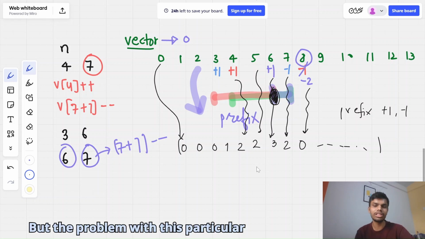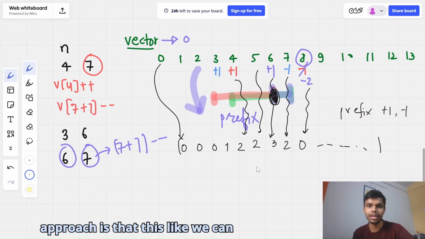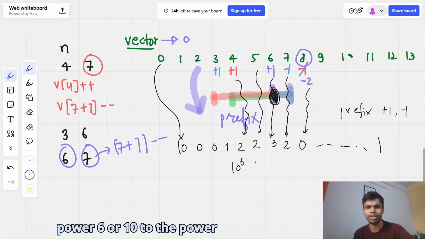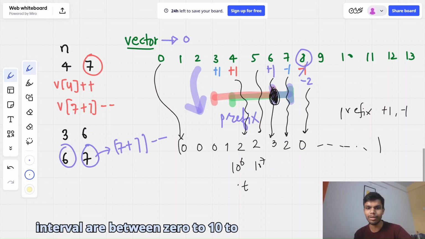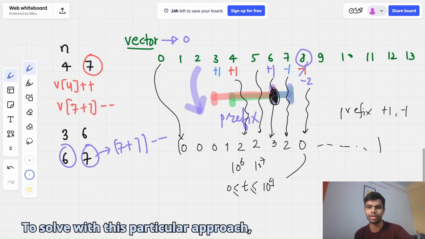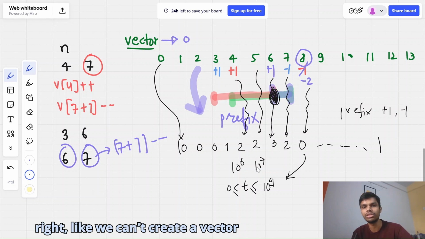But the problem with this particular approach is that we can store an array only up to 10 to the power 6 or 10 to the power 7 at max, right? If the time intervals are between 0 to 10 to the power 9, we are not going to solve it with this approach.